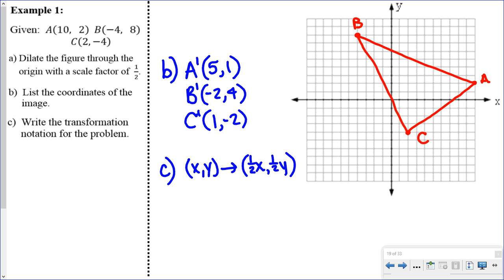All right, so we'll plot that and see what's going on. Okay. Now you'll notice that the dilation is not directly in the middle. And the reason why is because we're going through the origin.